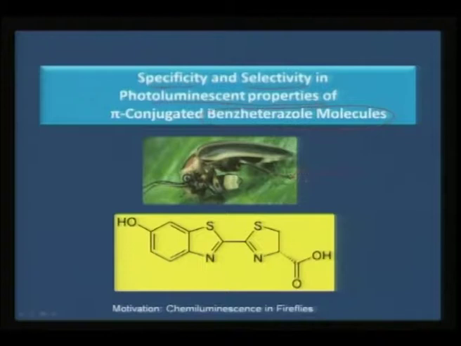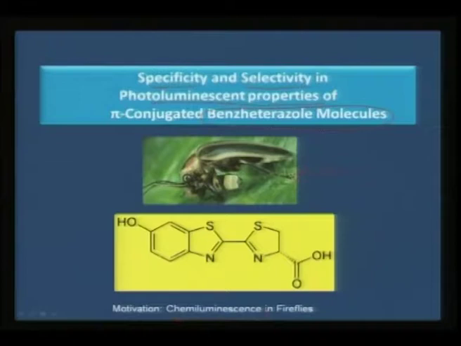If you remember, this is nothing but the cartoon of a firefly, which we all have seen, and especially during winter days or in a dark environment, you will see this firefly glowing, and it gives light and then it puts off, it gives light and puts off. This is nothing but a classic example of chemiluminescence.